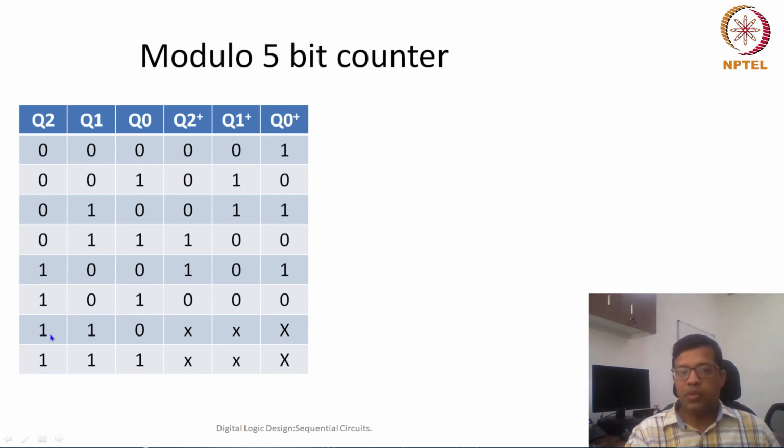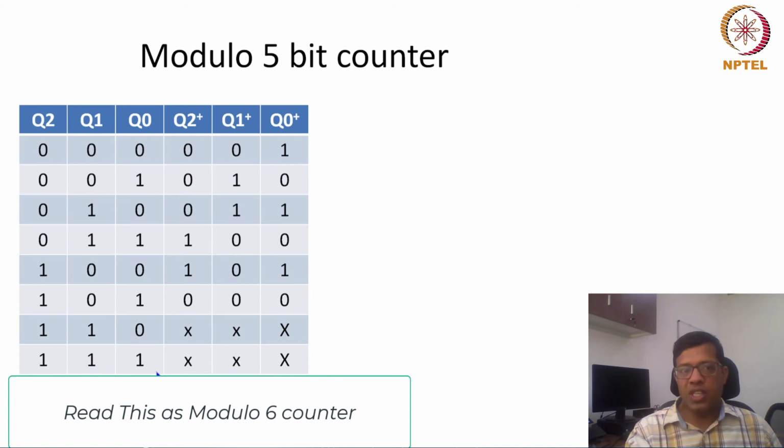So what would happen if my input is 1, 1, 0 or 1, 1, 1? Both of these inputs are invalid, because if the counter starts at 0, these values will never come. As soon as it goes 0, 1, 2, 3, 4 and 5, from 5 it will go back to 0. So that means these input combinations will never ever come.